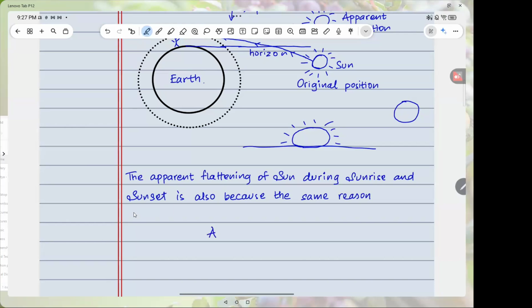Atmospheric refraction. We just talked about it. Is this clear? Yes, sir. Okay, good.